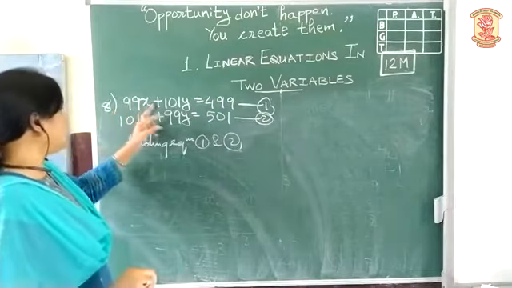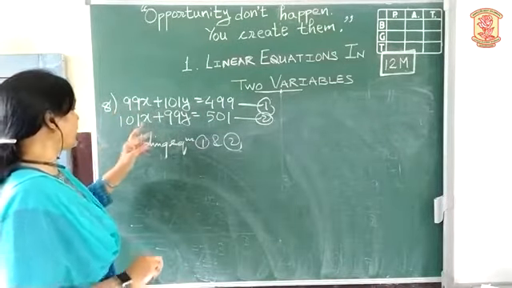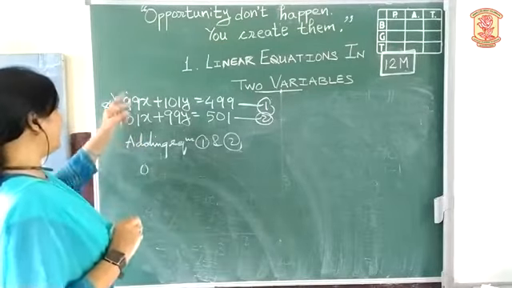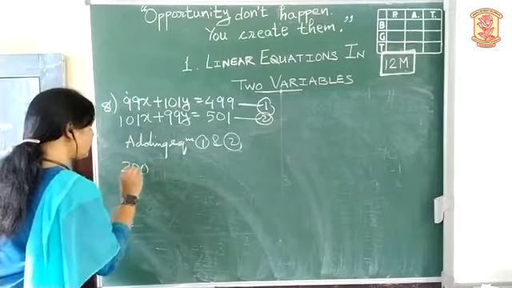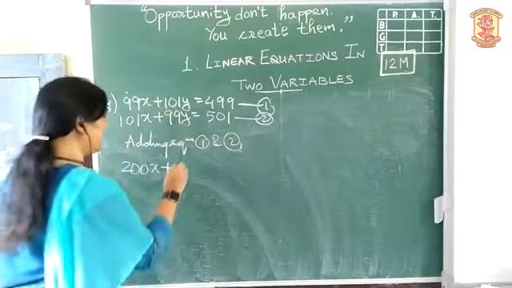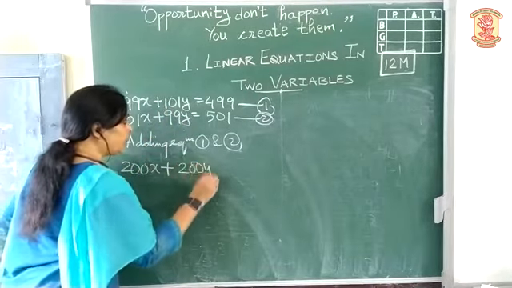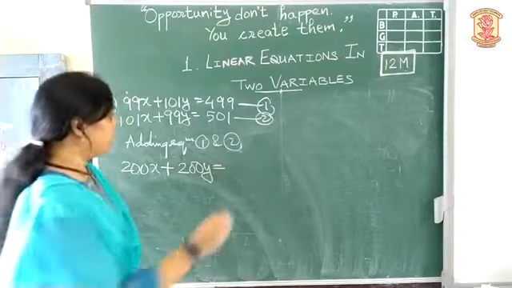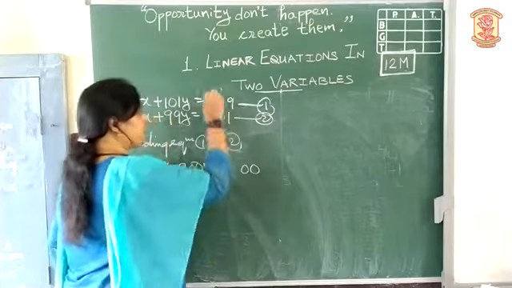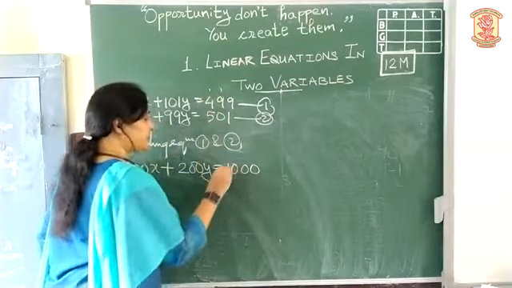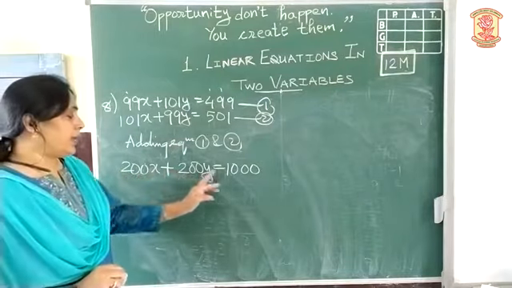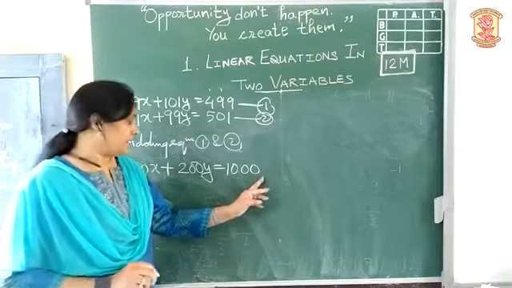Here 99x plus 101x, that is 9 plus 1 is 10, so it becomes 200x. Plus, again 101 plus 99, that is 200y, equals, again 9 plus 1 is 10, 5 and 5 is 10. So we get 200x plus 200y equals 1000.